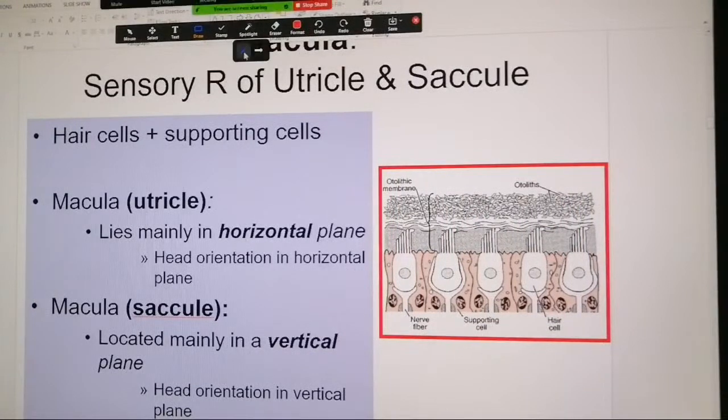And in these, you can see these hair cells. By supporting cell, he means this orangey stuff. You can see the nucleus. So these hair cells, which are very fragile, are supported by supporting cells, as the name signifies.